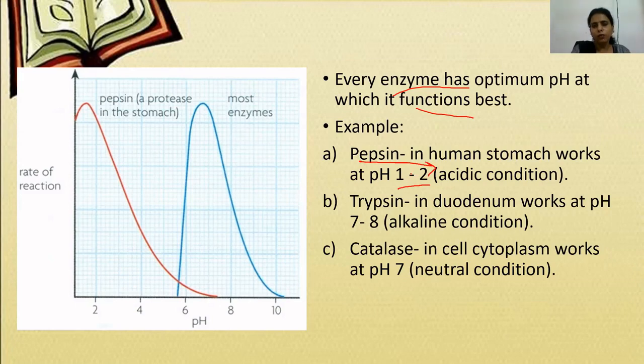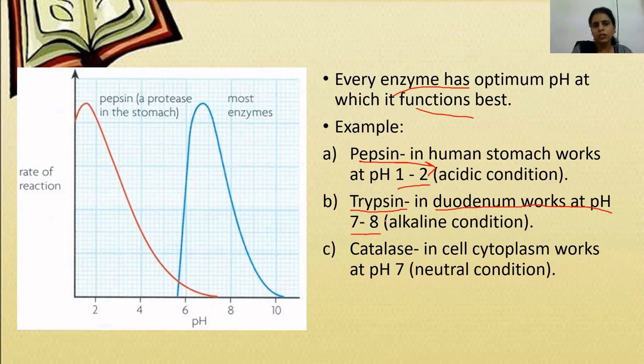But when food passes from the stomach to the next part of the alimentary canal, that is the duodenum, the first part of the small intestine, there is another enzyme known as trypsin. In the duodenum, the pH is between 7 and 8, because the pancreas releases pancreatic juice, and the liver releases bile juice.